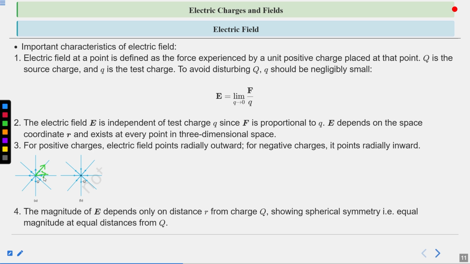And for the negative charge, the electric field points radially inward. So this concept is very important. Clear? The magnitude of E depends only on distance r from charge q, showing spherical symmetry. Equal magnitude at equal distance from q.